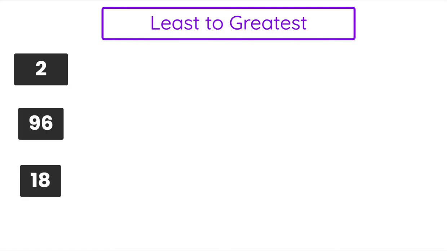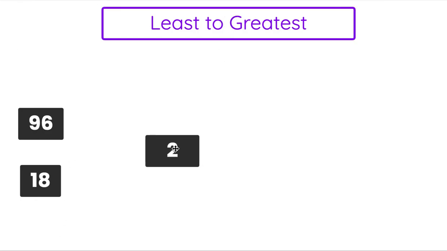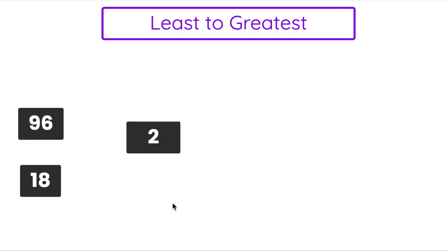Let's do another example. Here I have 2, 96, and 18. We're looking from least to greatest. So we're going to start with the number that is least, less, little, the smallest number, either the 2, 96, or the 18. I know that 2 is the smallest number, it's the least number, so that's the number that's going to go first. Then we're looking for the least number between the ones that are left.